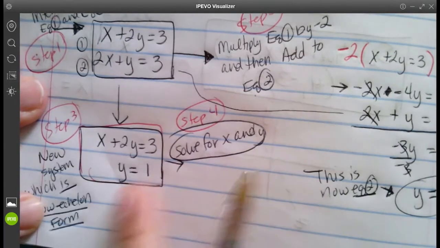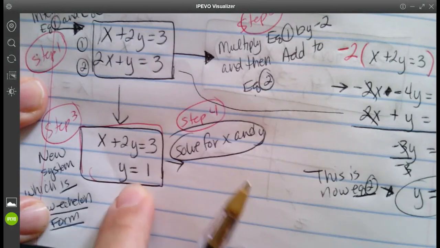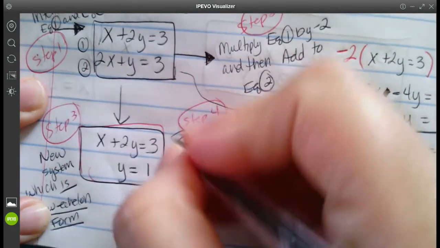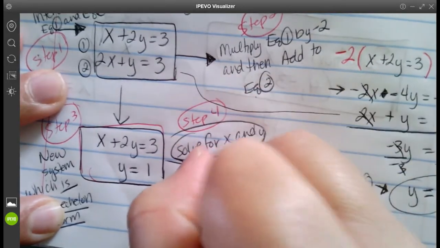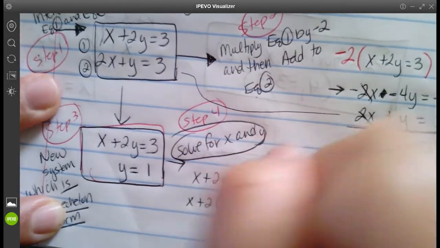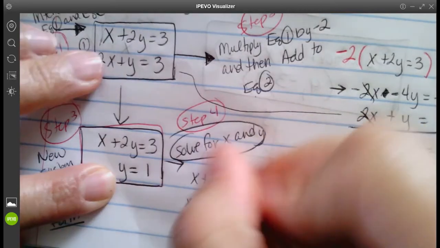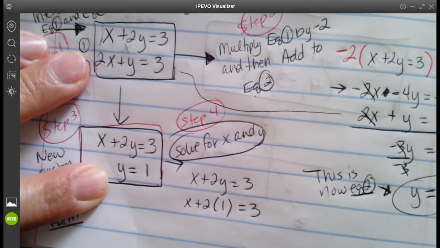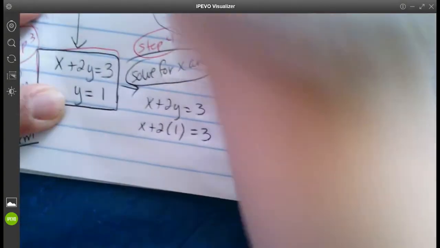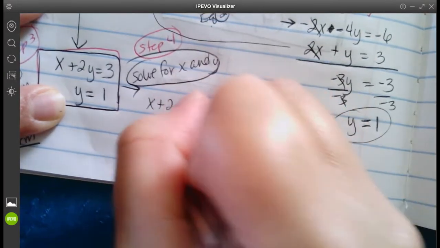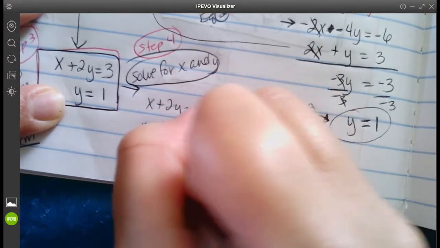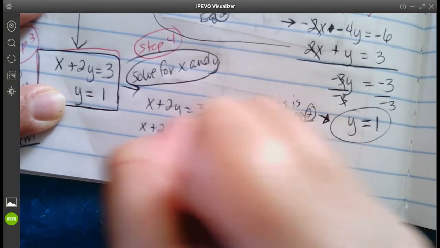From here, I already know what y is, so I'm just going to plug that into the other one. So x plus 2y equals 3. x plus 2 times 1, since y is equal to 1, equals 3. That gives me x plus 2 equals 3. Subtract 2 from both sides, so x is equal to 1.